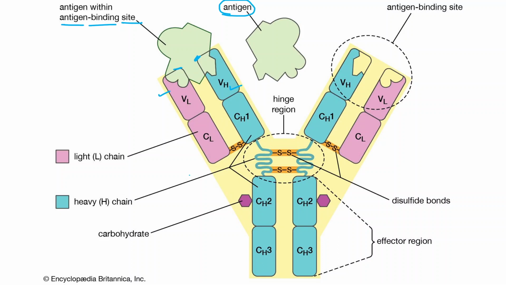Your antigen can be any particle, any component of bacteria such as LPS or some cell wall structure, or a virus, etc. The antigen binding site on the antibody will interact with the antigen and render it harmless. These specific sites on the variable regions are responsible for recognizing and binding to the antigen.